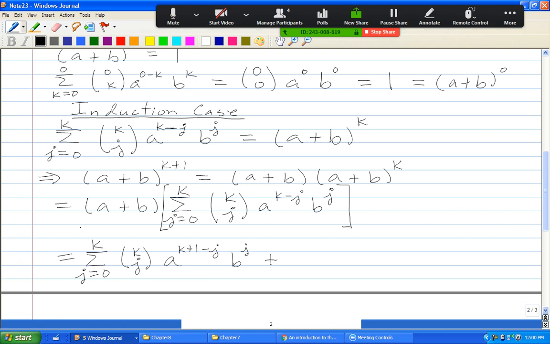Plus, well, let's multiply b inside the parentheses.